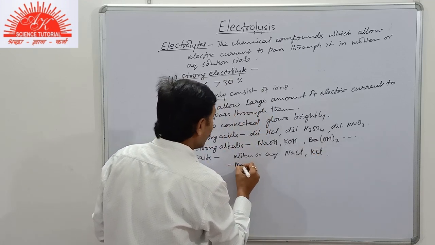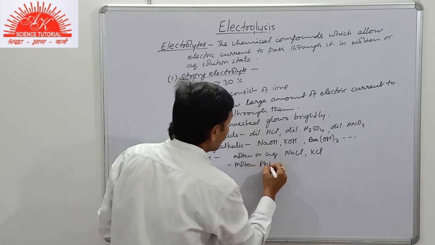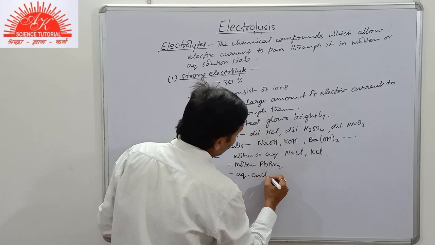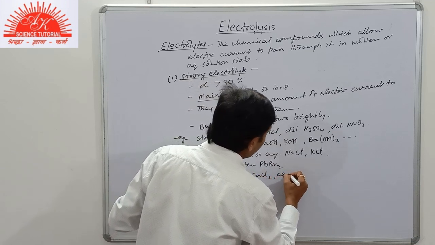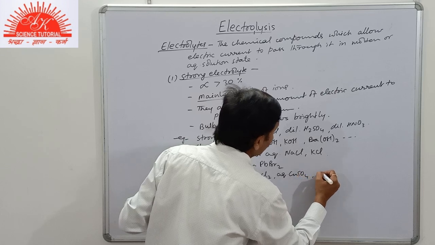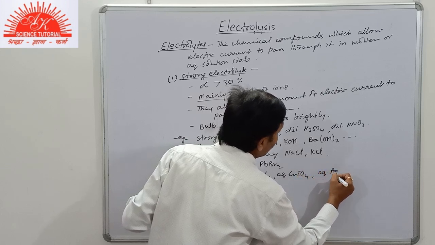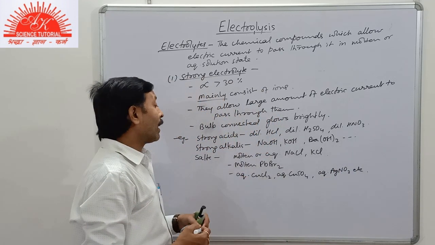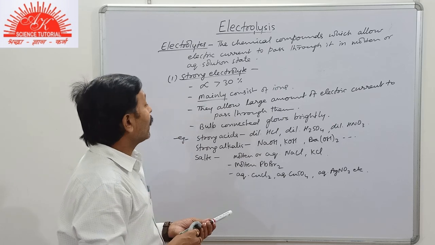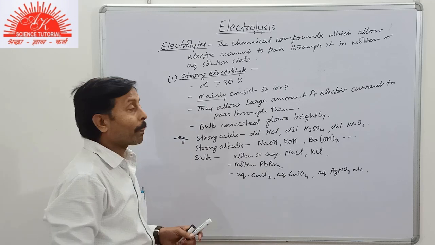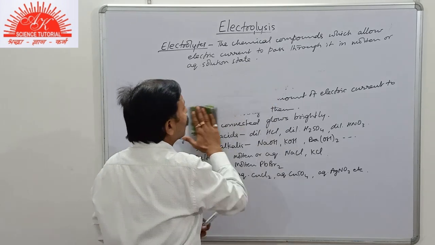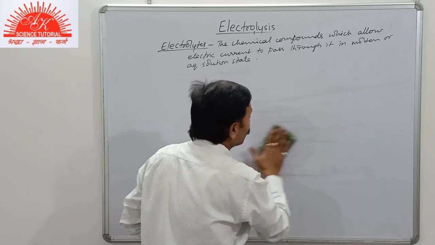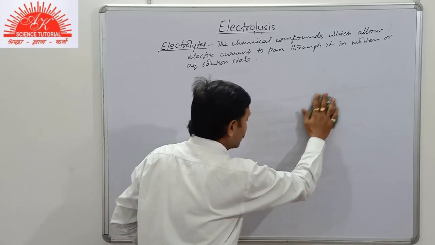Similarly, molten PbBr2, lead bromide, aqueous cupric chloride, aqueous copper sulfate, aqueous silver nitrate, etc. So these are the strong electrolytes. Generally, ionic compounds are strong electrolytes. They conduct electricity in molten or aqueous solution state.